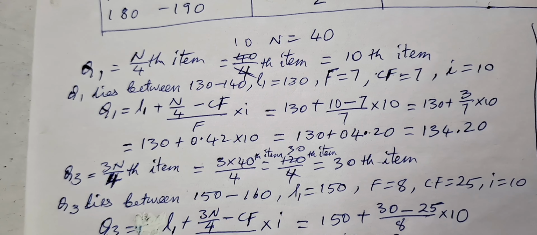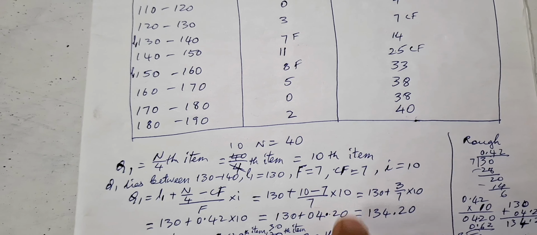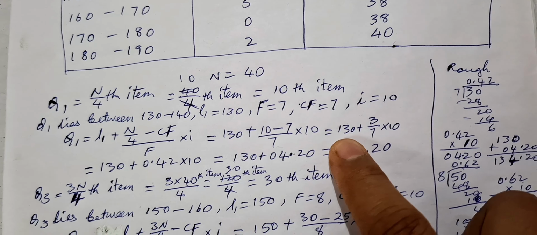So in place of those symbols, we need to insert the numbers. L1 is equal to 130, so we'll write here 130 plus n by 4, we have got 10, minus CF is 7, divided by F is 7, multiplied by I is 10. Now next step, we'll write down 130 plus 3 divided by 7, because 10 minus 7 is 3, divided by 7, multiplied by 10.